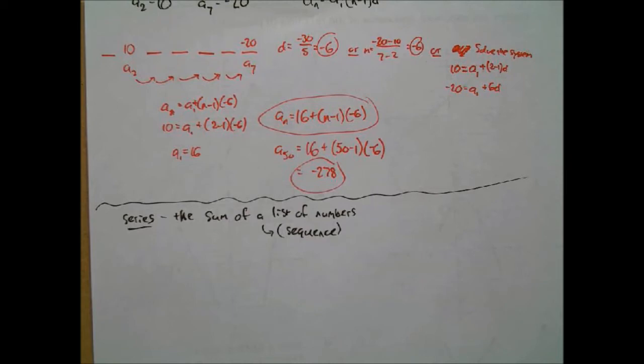And so when it comes to arithmetic sequences, we're only going to add up a finite number of them, because adding up an infinite number of those numbers, of course, will go to positive infinity or negative infinity, right? And so we're only going to do a finite series.